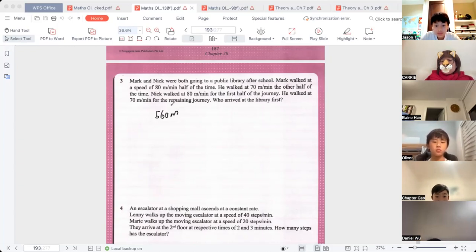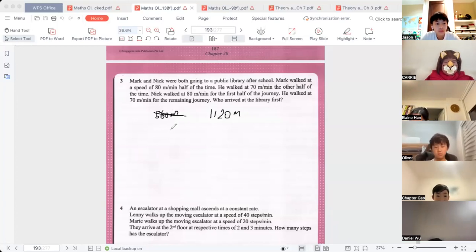Because 560 is divisible by 70 and 80, correct? Because there are two people, I just use 1120 meters. I suppose that's the distance from A to B. Do you understand how I get it? So 1120 is exactly 2 times 560.